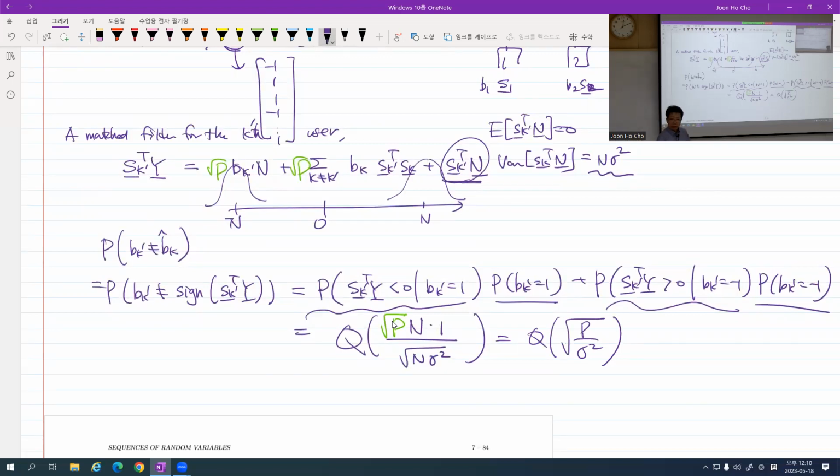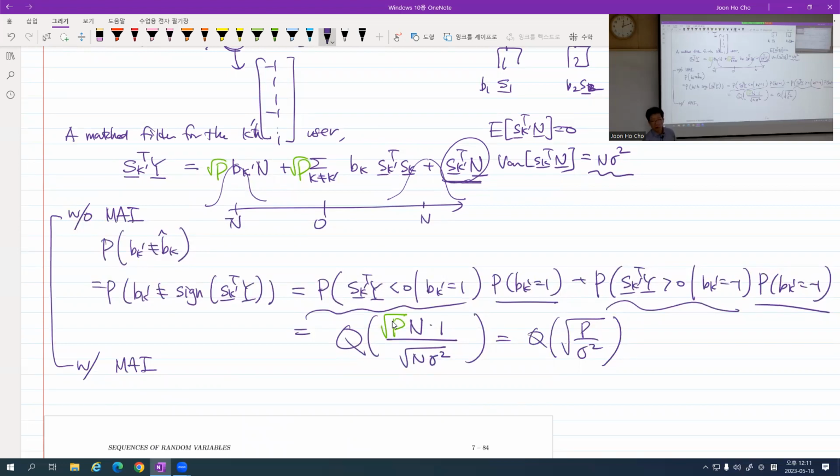Got it? But you have now the interference. So without multiple access interference, and now with multiple access interference, what do we have? We have this term, right? And unfortunately, this term is not a Gaussian random variable. What do we do?